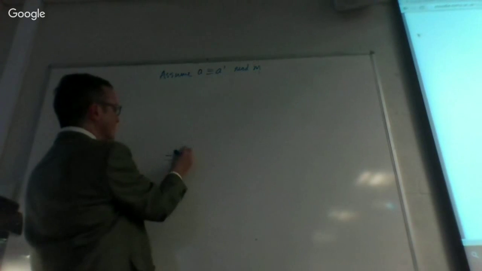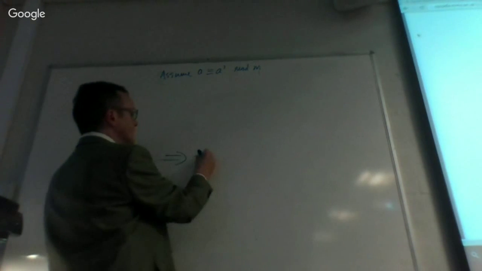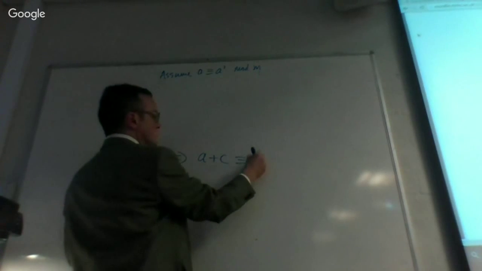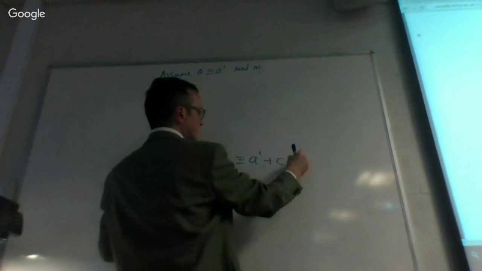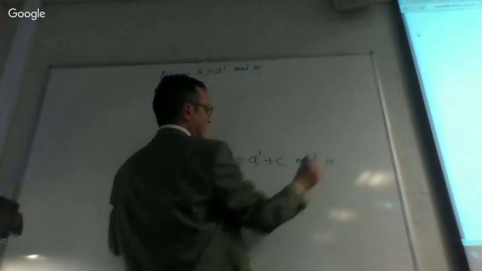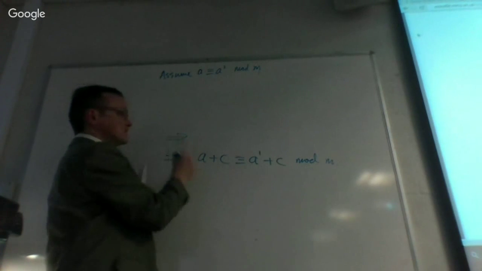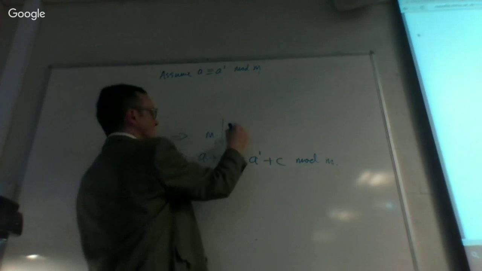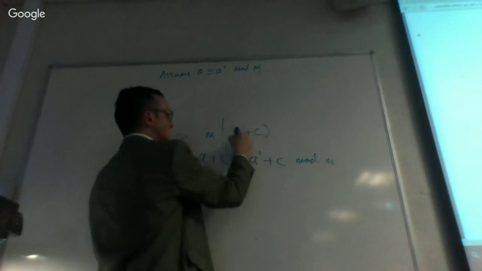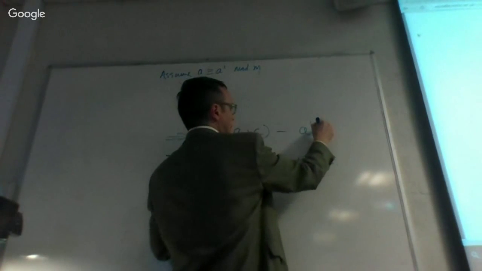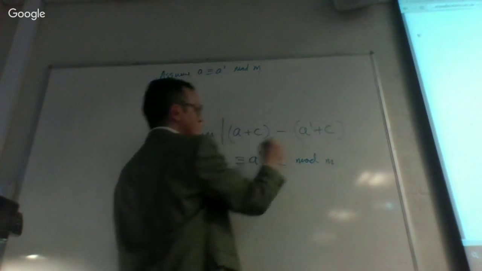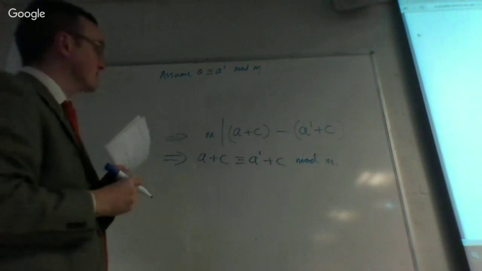The conclusion we want is a plus c is congruent to a prime plus c. And what do we need? In order to make that conclusion, we need to satisfy the definition that n divides the difference between a plus c and a prime plus c.